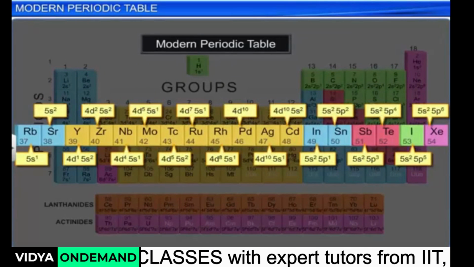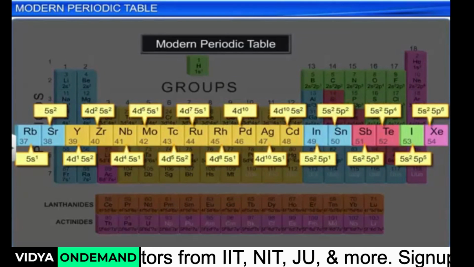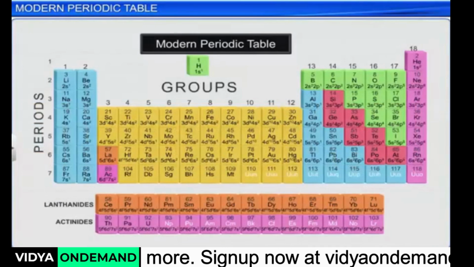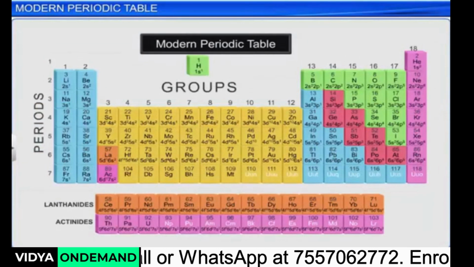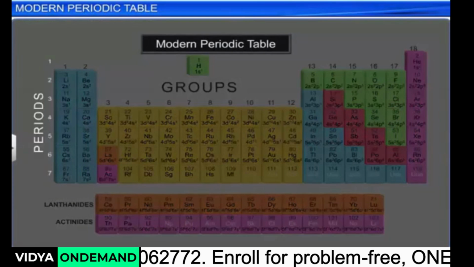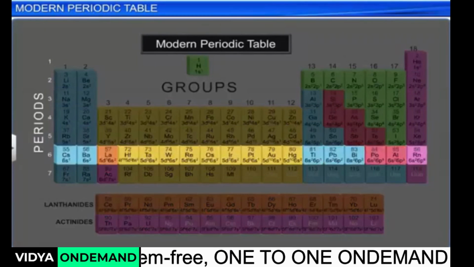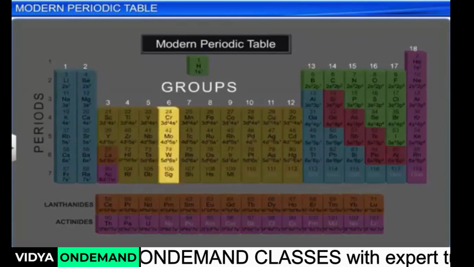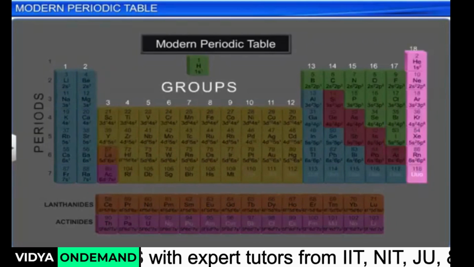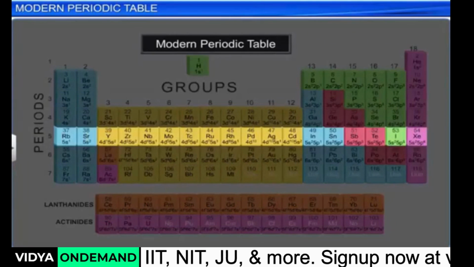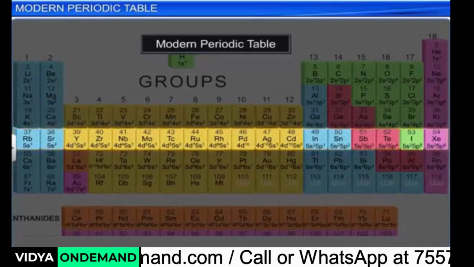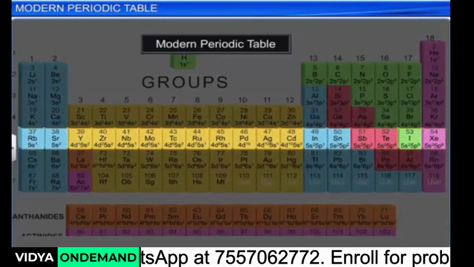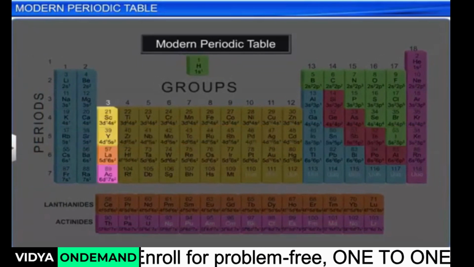Similar to Mendeleev's periodic table, in the long form of periodic table, the horizontal rows were called periods and the vertical columns were called groups. The periods contain elements arranged according to their atomic numbers, and the groups contain the elements having similar outer electronic configurations in their atoms.